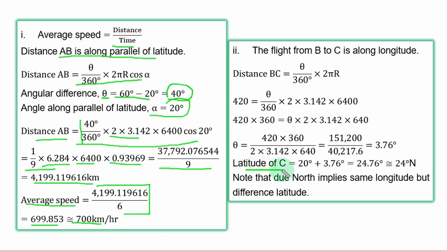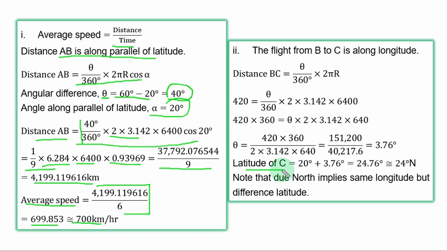Yes, latitude of C. Now, from B to C, the longitude is the same, because you are asked to find latitude of C. Note that half prime meridian is longitude, and because prime meridian is a great circle, all longitudes are also great circles.